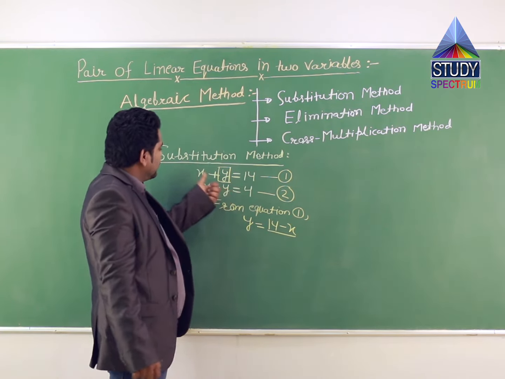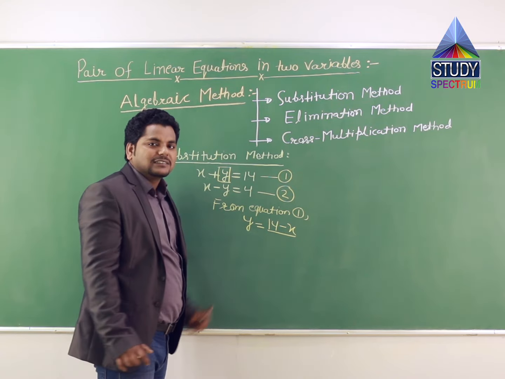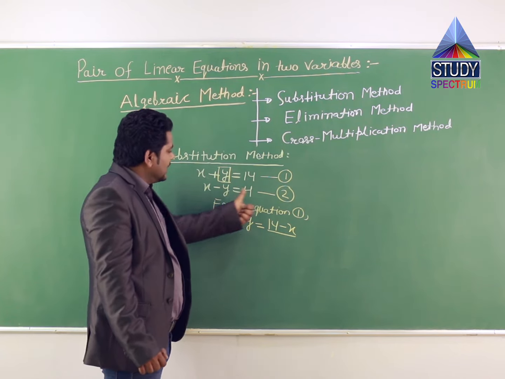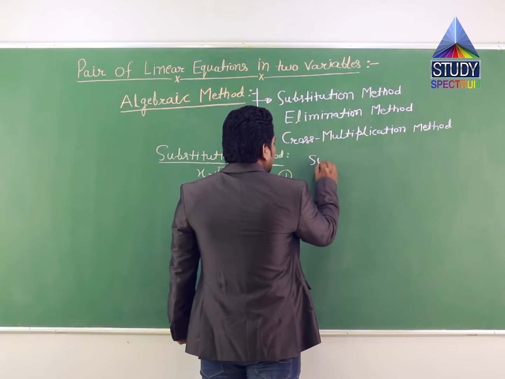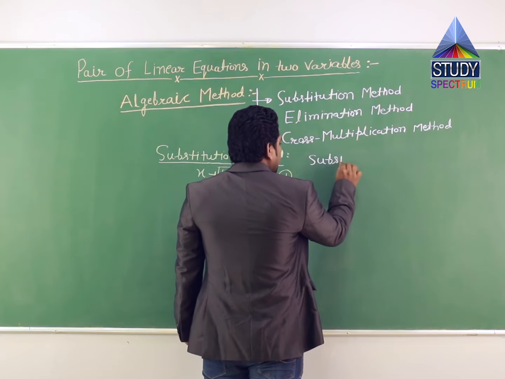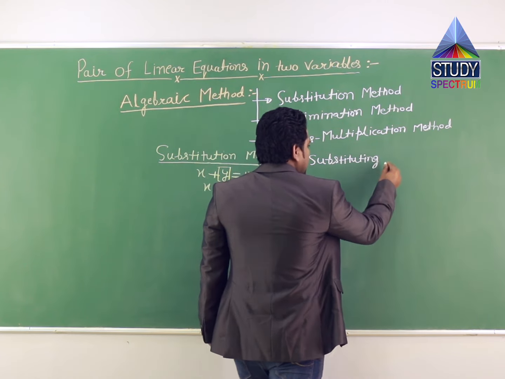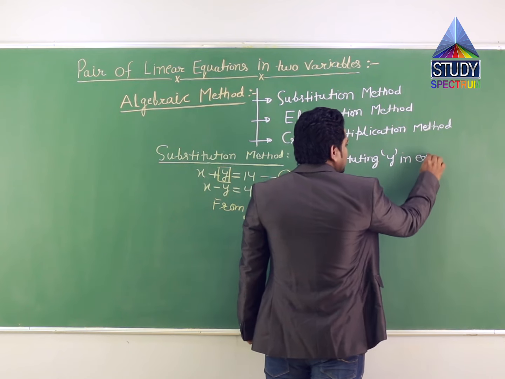Okay, y equal to 14, x will go on the right hand side, so it will become minus x. Now substitute this y in equation 2. So now substituting y in equation 2.